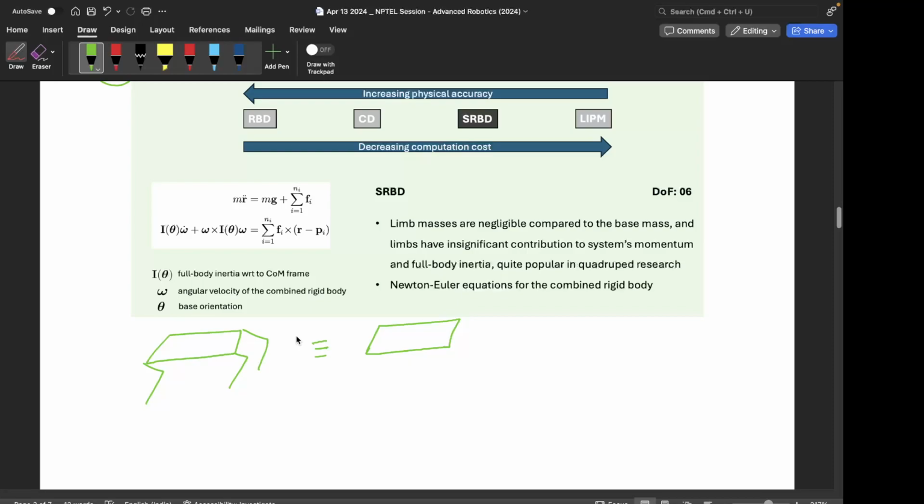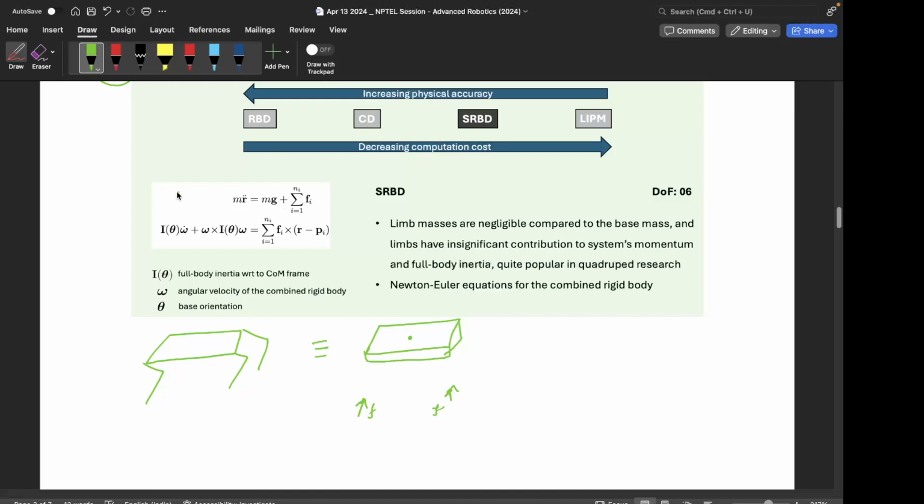So you can imagine it as just a single body on which there are some external forces. This is the center of mass and these are some external forces. So now the equation becomes much simpler.